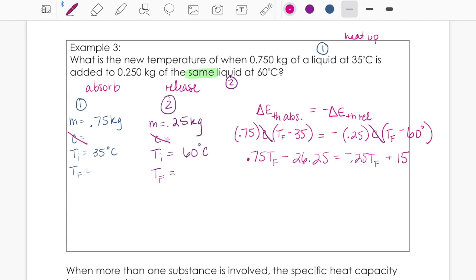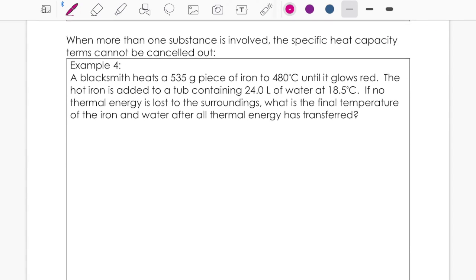So I'm going to add the 26.25 to the other side and then add the 0.25 TF to the other side. So I'll get 1 TF, so just TF, is equal to 41.25 degrees Celsius, because this is our final temperature.